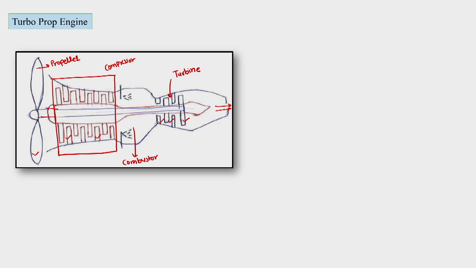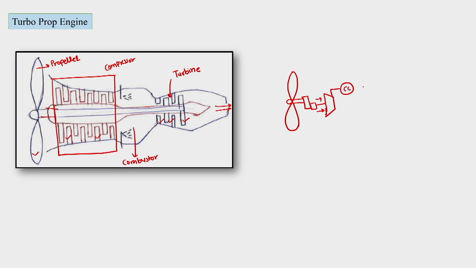Basically, the schematic of this aircraft is as what we could draw. This is the propeller, and this propeller is connected with a gearbox to a compressor, and then air goes parallelly into the compressor.